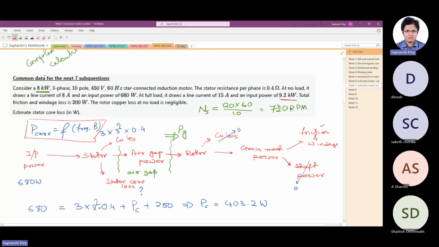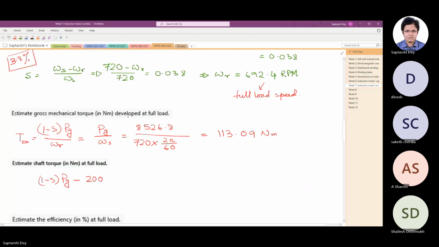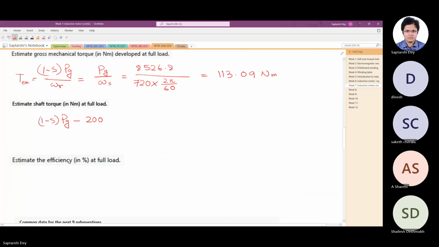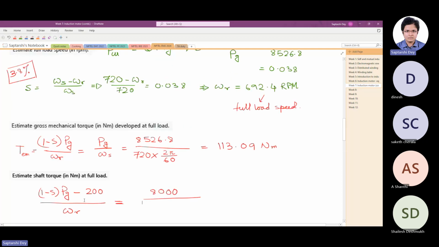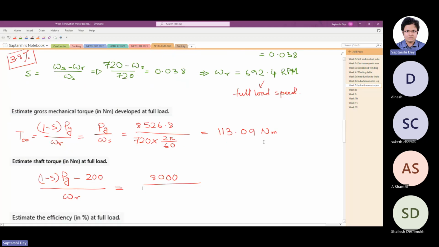We know that output is 8 kilowatt, divided by omega R, the full load speed we have just calculated, 692.4 RPM.